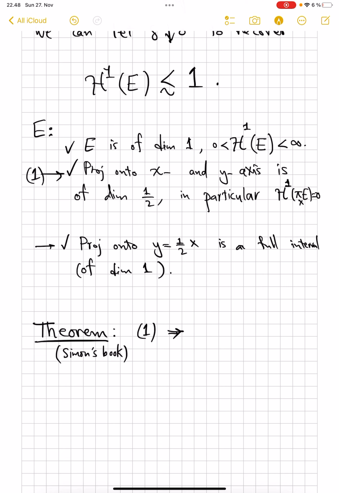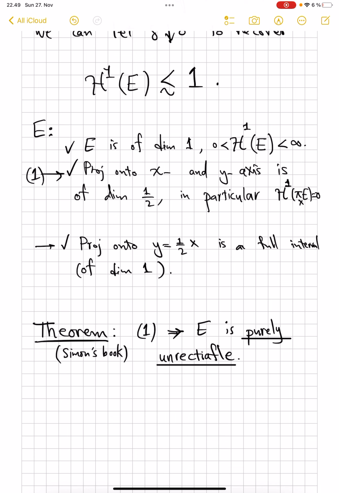then for a set that has positive and finite H1 measure, then E is purely unrectifiable. So rectifiability is a key and central topic to geometric measure theory, the branch that is concerned with geometry of sets, and pure unrectifiability is kind of a negation of rectifiability.